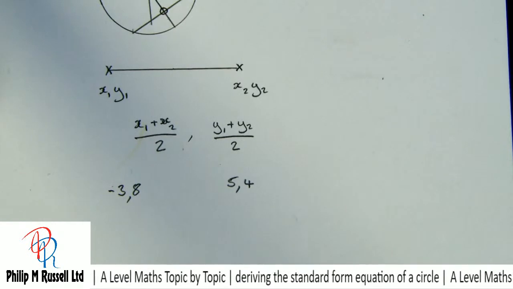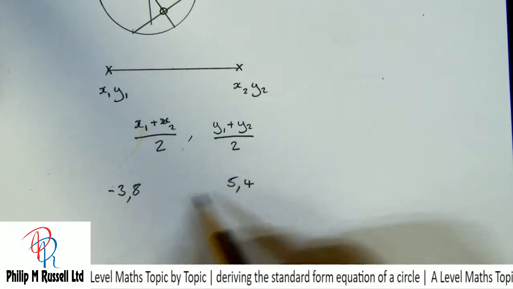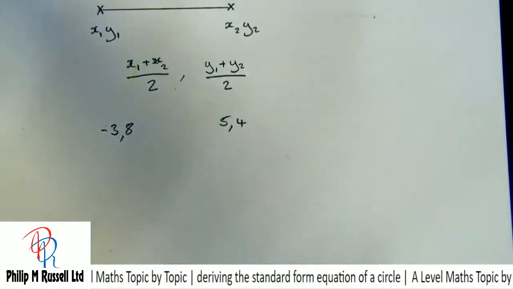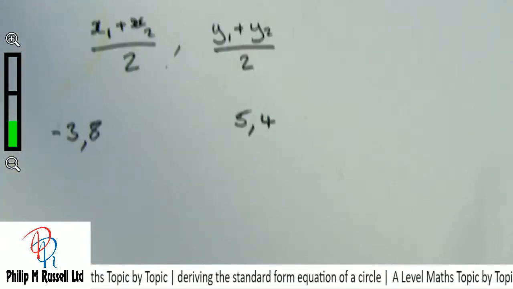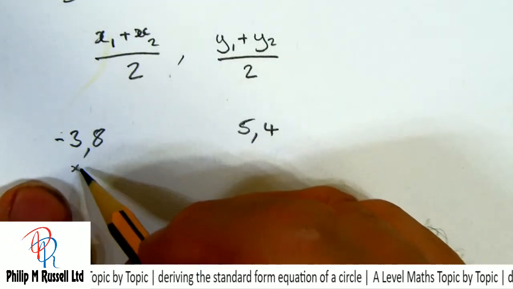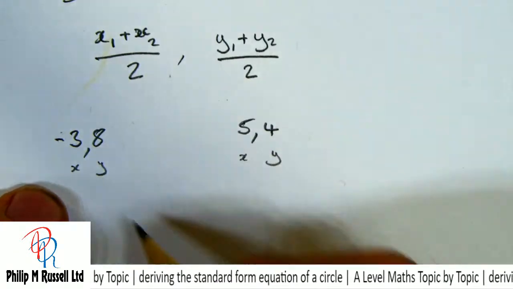So let's go ahead and try and work out what those points are. To work out those points, let's just zoom in a bit. We can simply say these are our x value, our y value. I'm sure you know that.